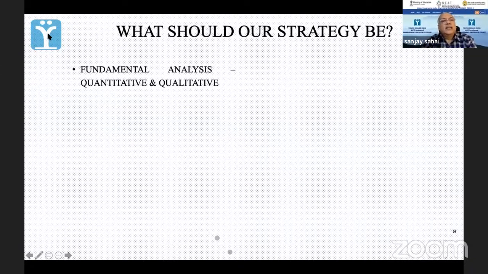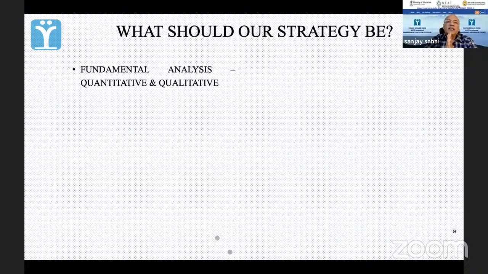Now, the next thing is, what should our strategy be? We will, of course, look at this in greater detail tomorrow, but broadly speaking, let me take you through two concepts.